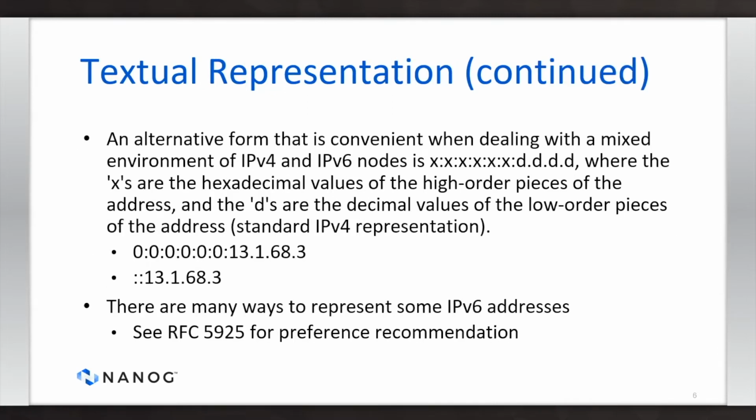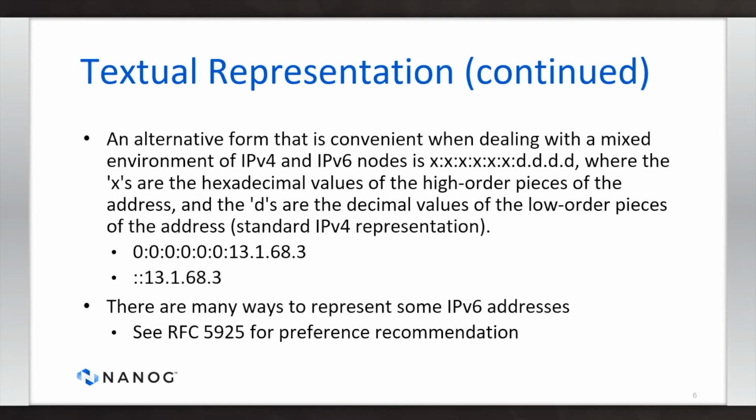There's an alternative form to represent an IPv6 address that's useful when you're embedding IPv4 addresses inside an IPv6 address. If you take a look at the address in the first bullet, X:X:X:X:X:X:D.D.D.D, what you're actually seeing is the high order bits are just plain old IPv6 addressing, where each X represents 16 bits.